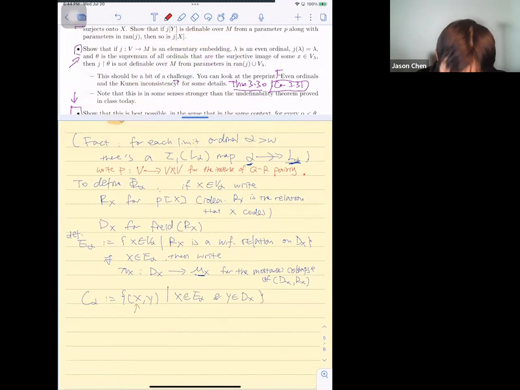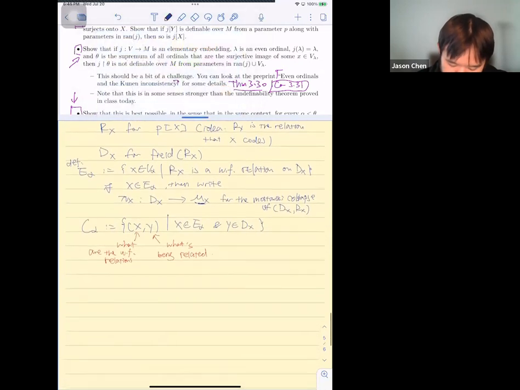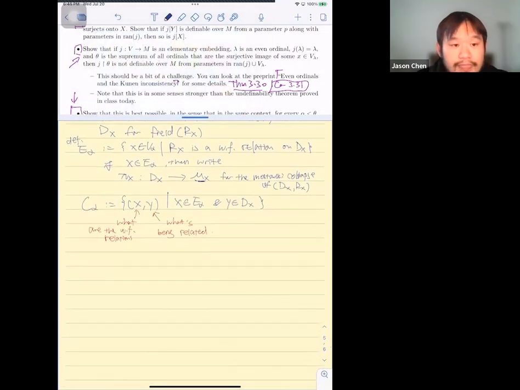From the left coordinate, you have the answer to the question, what are the well-founded relations? It's coded in V alpha. And the y is going to tell you what's being related. Right, so that's the intuition.